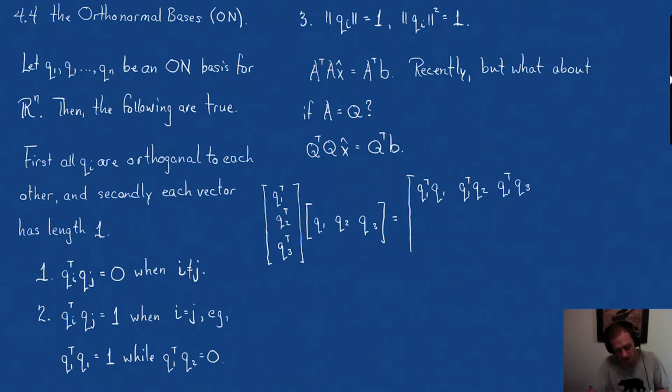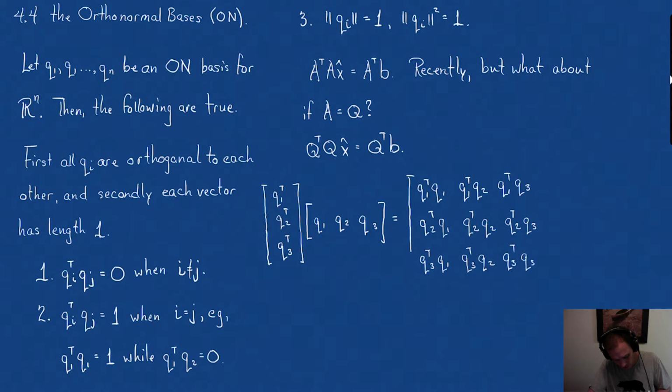Okay, and then let's go to the next row. That's going to be Q2 transposed Q1, Q2 transposed Q2, and finally Q2 transposed Q3. And then our last row, we're going to have Q3 transposed Q1, Q3 transposed Q2, and finally Q3 transposed Q3.